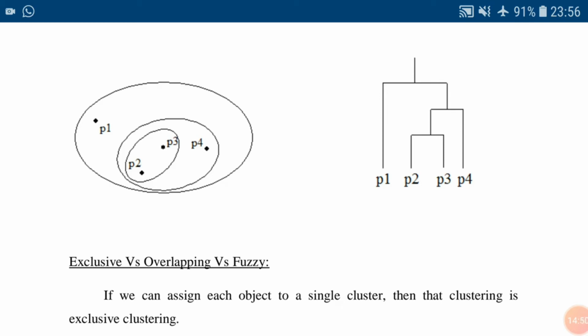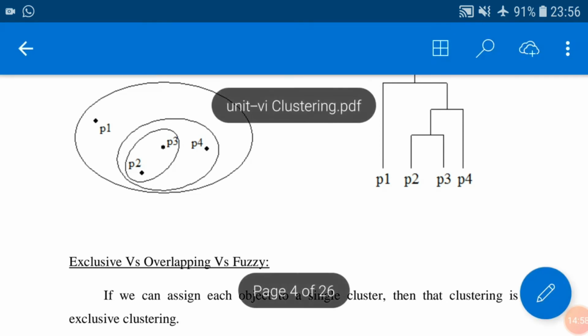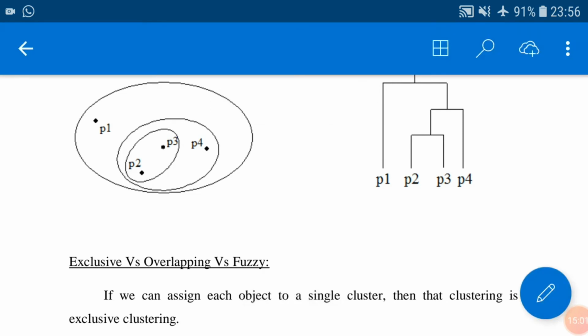Next, that cluster is in another cluster, cluster 2, which consists of P4 and P3, P2 also. Next is cluster 3, the next-level cluster, which consists of P1 and also the P4, P3, P2 points.